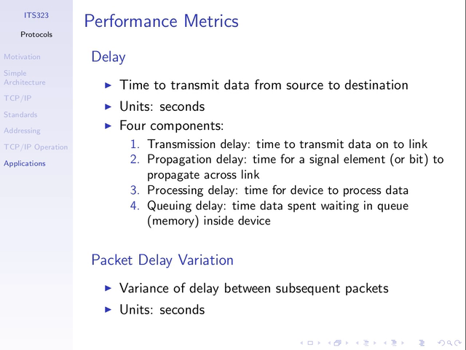So what happens? I'm sitting at a computer at this ground station. I press send. My computer does some processing, but I'm saying that processing is very small, 0 in this case. Then my computer takes that 1,000 bytes and transmits the 1st bit, the 2nd bit, the 3rd bit, and then the 8,000th bit. 8,000 bits it transmits. The time it takes to transmit 1,000 bytes is 8 milliseconds.